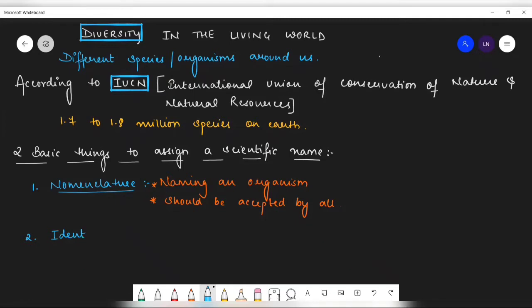Okay. Now, the second thing that we need to remember is identification. Now, what is identification? It is important that wherever we go, whichever place we travel to, the organism has to be recognized.